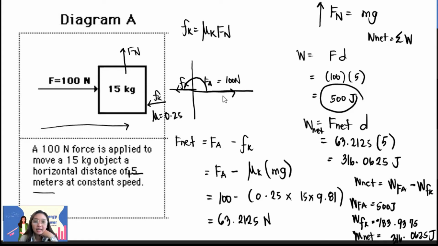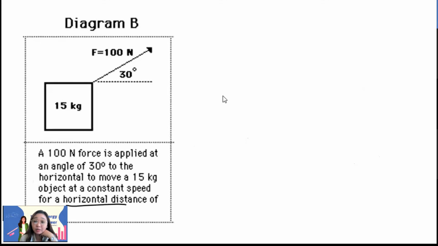Next, we have diagram B. What if we have a tension force of 100 Newton inclined at 30 degrees, what would be the work done on the object? We just use the equation work is equal to F d cosine theta. Why cosine theta? Given the equation, Fx is parallel to the displacement of the object.